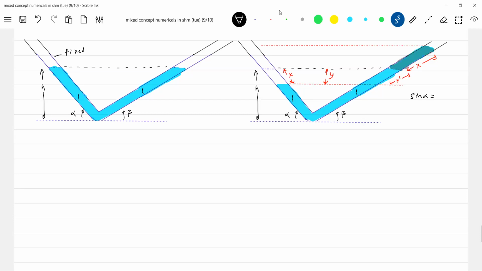Sine alpha is equal to y by x, sine beta is y by x dash. What is the length of this?